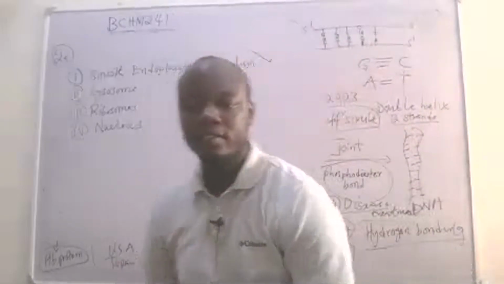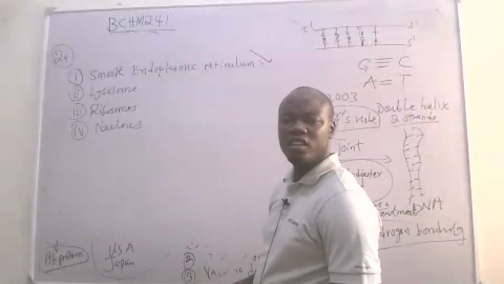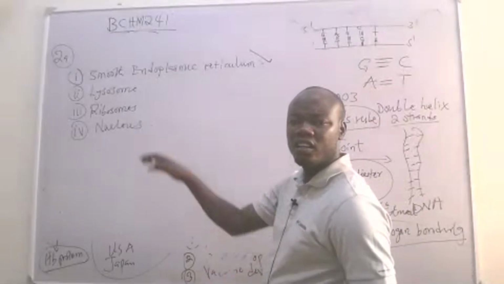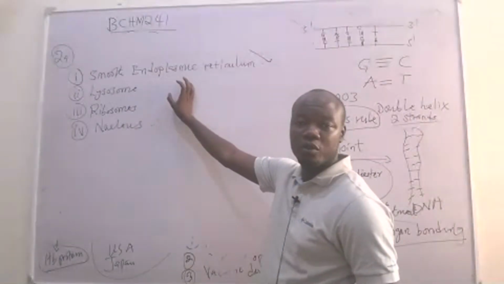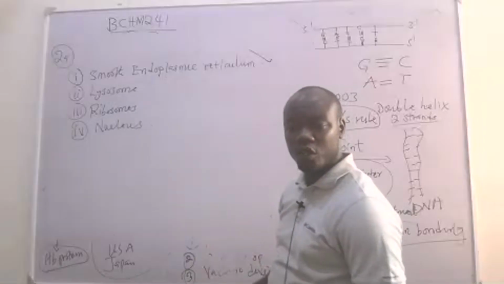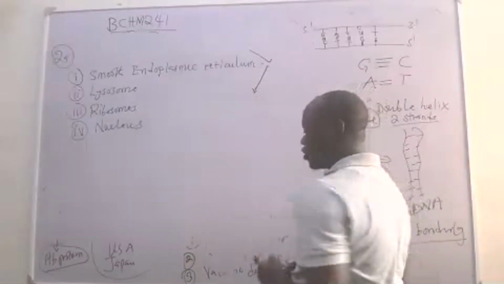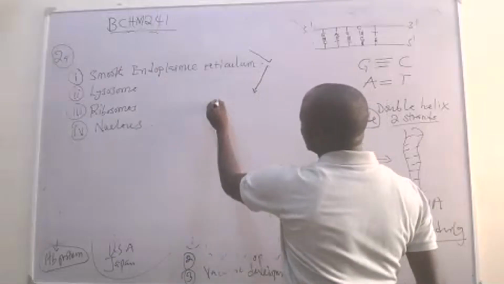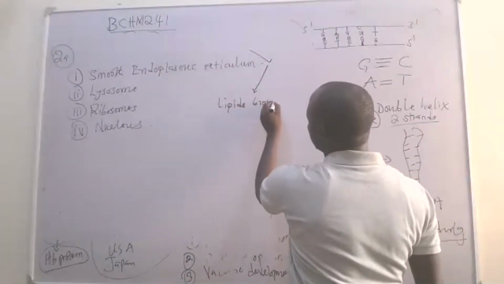Now the first question here is, we are to highlight the functions of the following. What are the functions of smooth endoplasmic reticulum? The major functions of smooth endoplasmic reticulum are lipid synthesis, that is lipid biosynthesis.